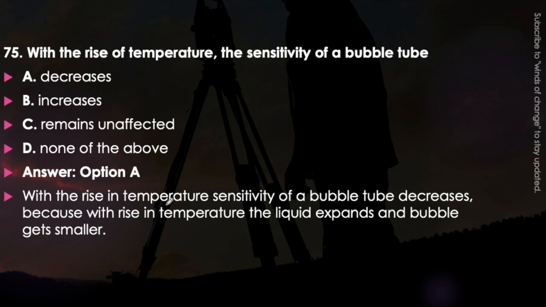With the rise in the temperature, sensitivity of the bubble tube decreases because with rise in the temperature the liquid expands and bubble gets smaller. Okay, since liquid will expand and bubble gets smaller in size, so sensitivity will also get decreased. We have already seen in one of the questions the formula for the sensitivity, that is D upon R, in which D was the size of the bubble. If the size of the bubble gets smaller, the sensitivity will also be lowered. Okay, because D was in the numerator.